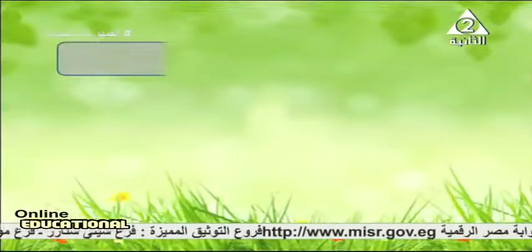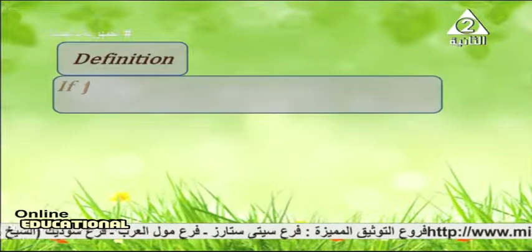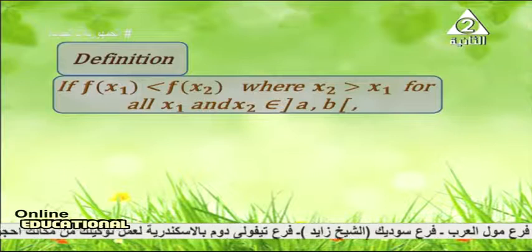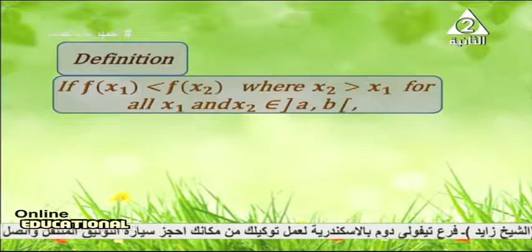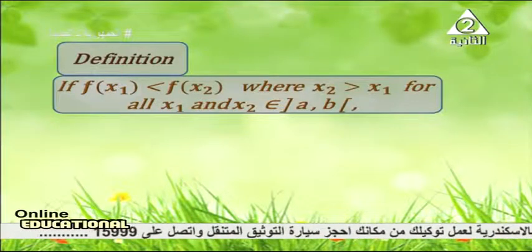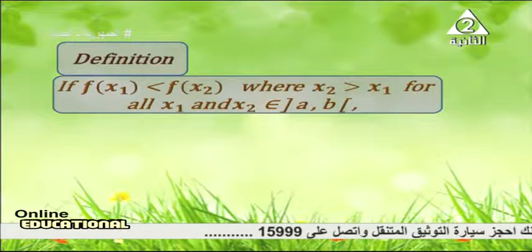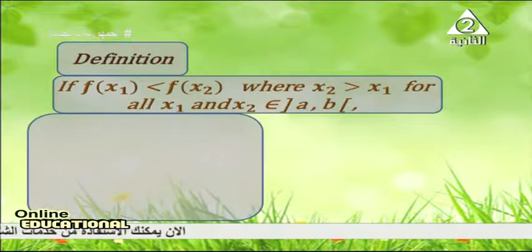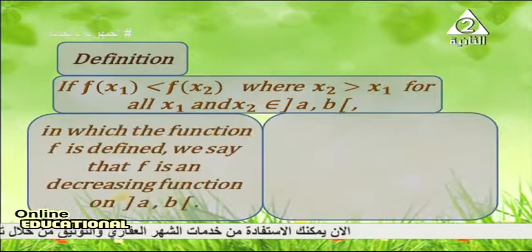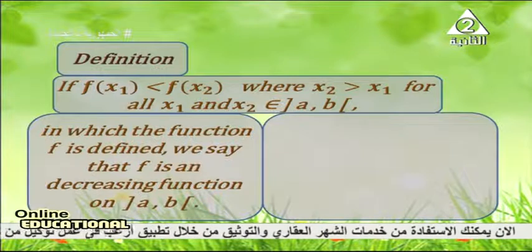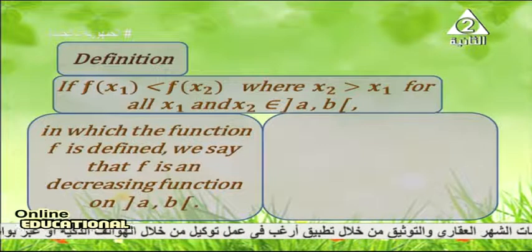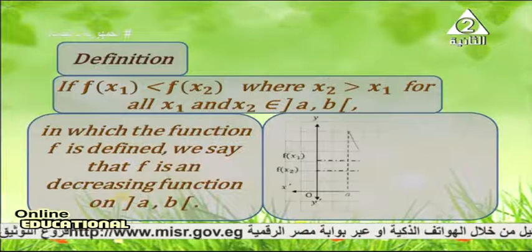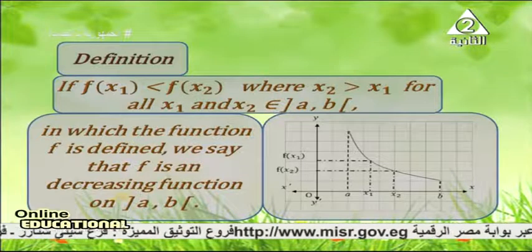And if f of x1 is smaller than f of x2, where x2 is bigger than x1, for all x1 and x2 belonging to the open interval a and b in which the function f is defined, we say that f is a decreasing function on the open interval a and b.